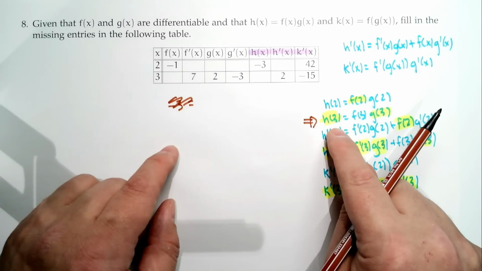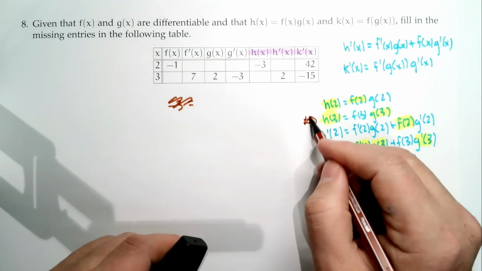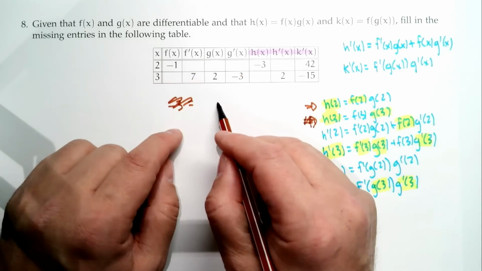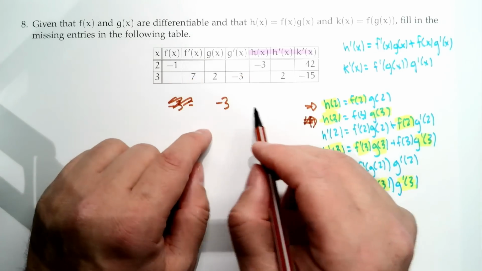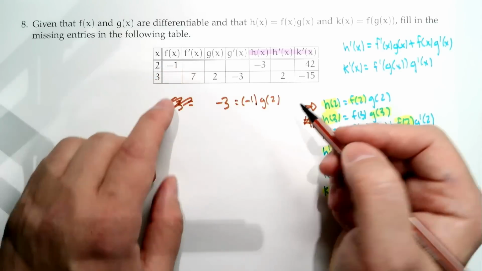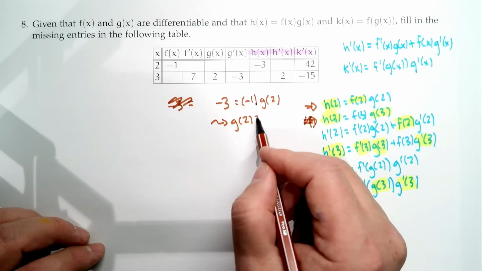We don't know h of 3. We know h of 2. That was a terrible mistake. All right, unmark that one. We know h of 2. So h of 2 is negative 3. That's equal to f of 2, which is negative 1, times g of 2. So what's our conclusion about g of 2? g of 2 equals 3.